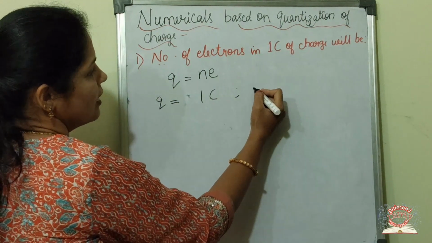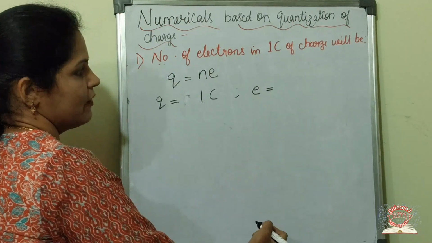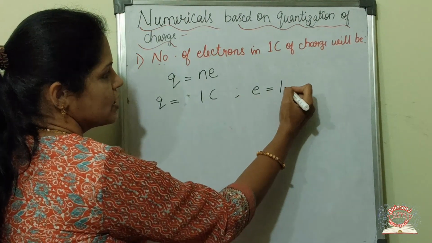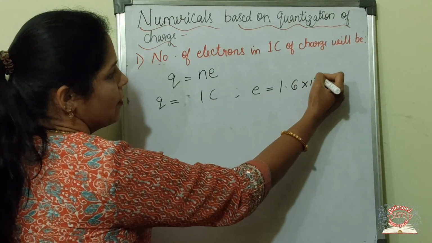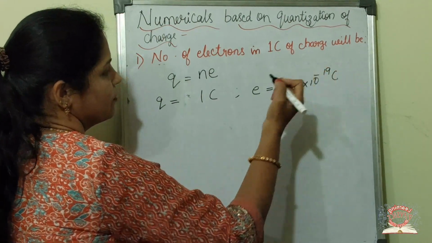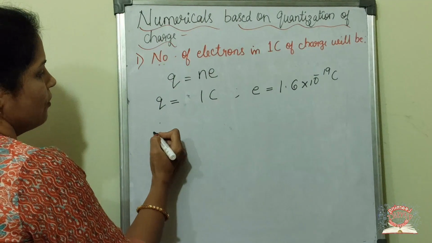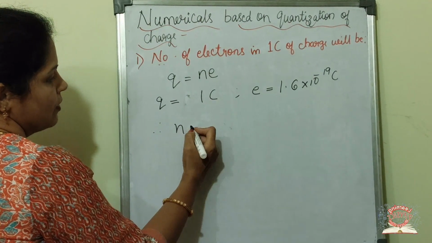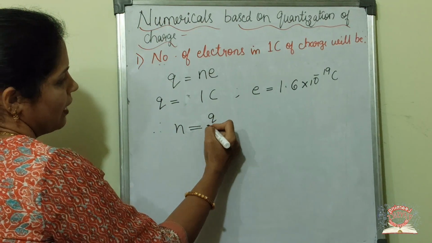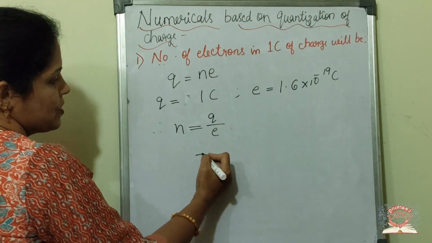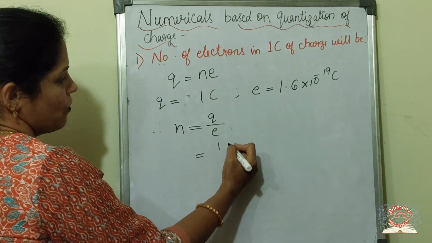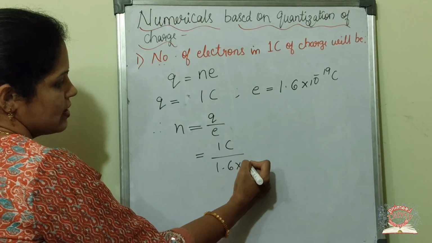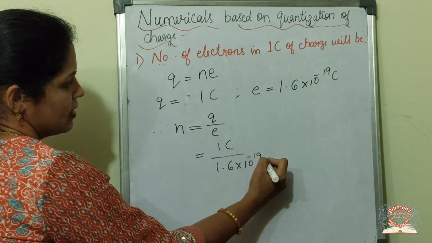And we know that e is the basic unit of charge, which is the charge of an electron or proton, which is 1.6 into 10 to the power minus 19 coulomb. Right. So therefore N is equal to Q by e. On substituting, Q is 1 coulomb, e is 1.6 into 10 to the power minus 19 coulomb.